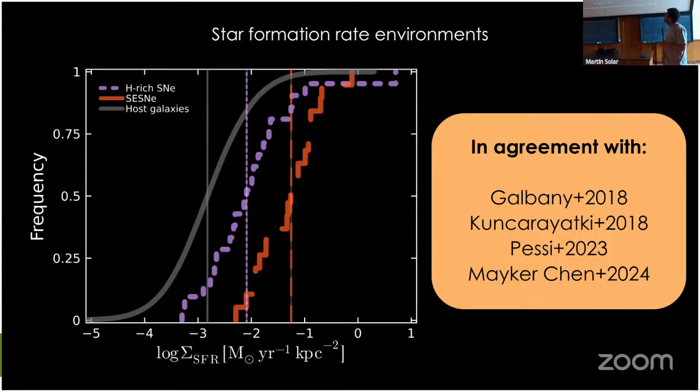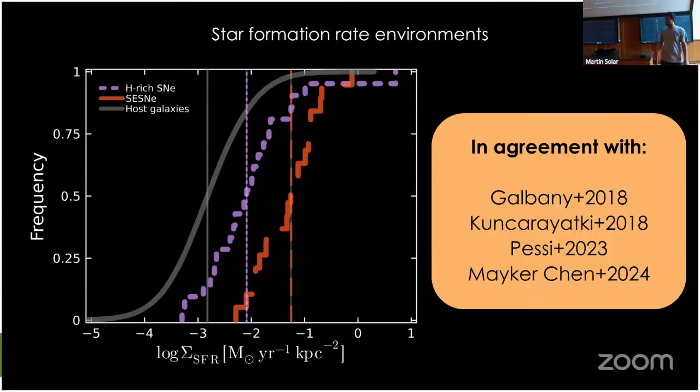We have in dotted blue line the hydrogen-rich supernovae, and for stripped-envelope supernovae, the dashed red line. So basically, in very few words, we see that stripped-envelope supernovae are exploding in higher values of the star formation rate in comparison with hydrogen-rich supernovae.